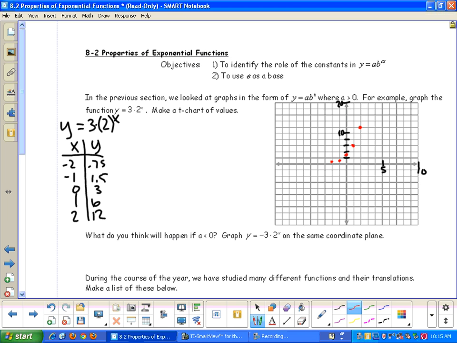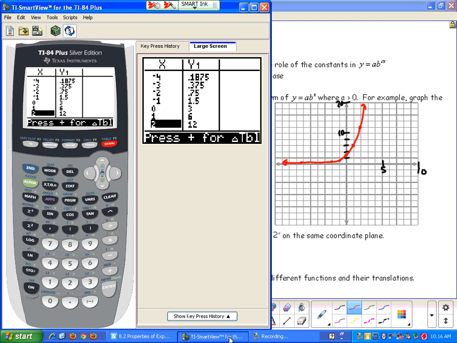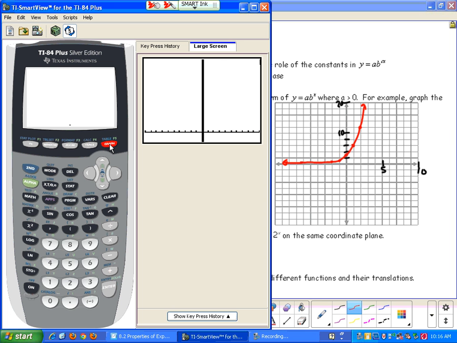So my graph looks something like this. Remember, you can check your graph on your calculator. These values get very, very close to 0, but they don't actually ever hit 0, and we don't cross over that horizontal asymptote. So you can even confirm it by looking at your graph. Notice it looks like it stops there, but if you hit trace, it's going to keep on going.